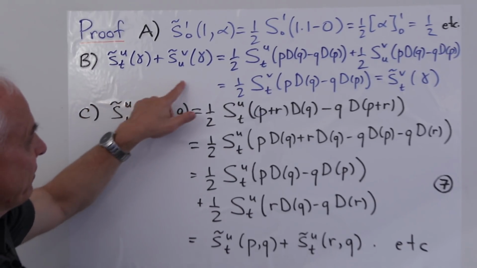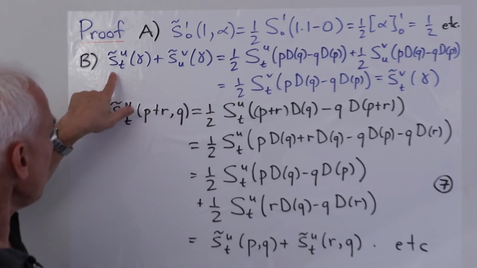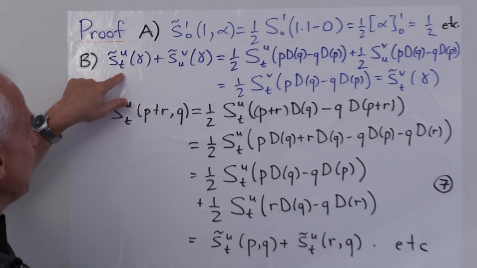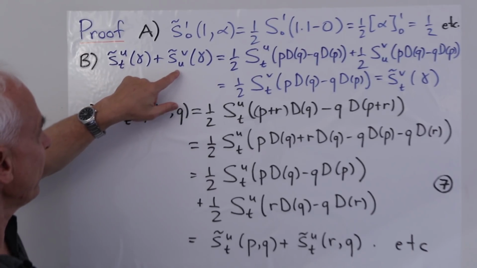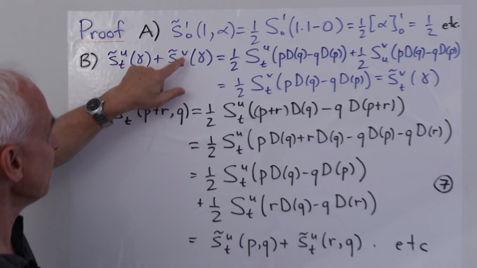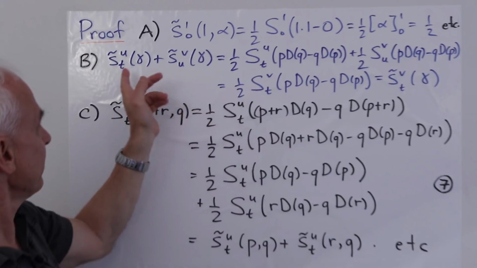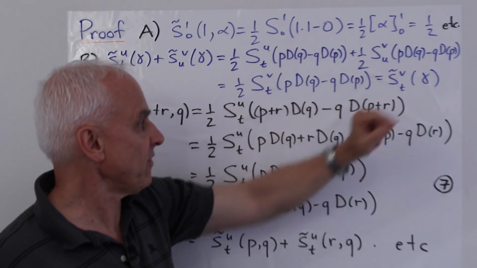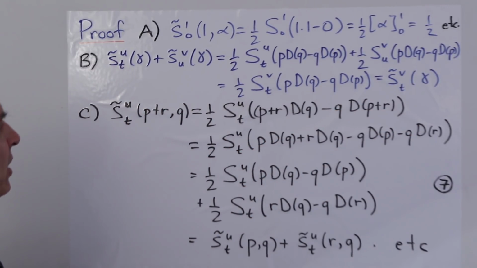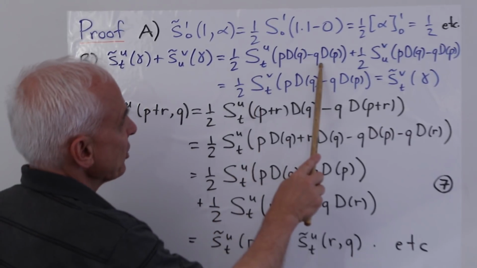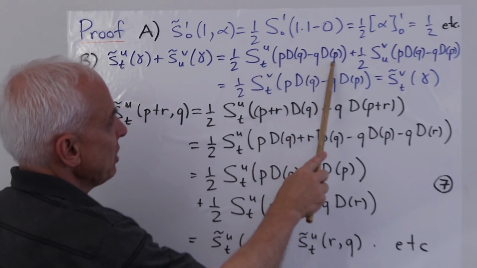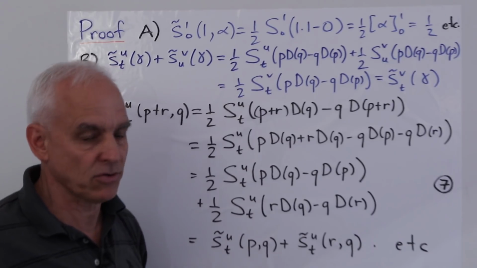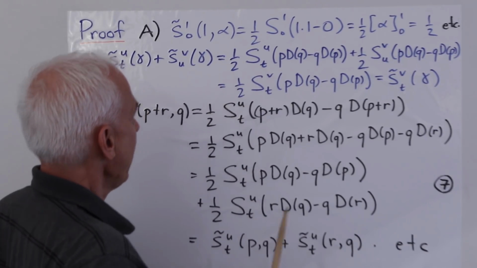In terms of additivity, well, we need to check that S tilde from t to u of some curve plus S tilde from u to v of some curve is S tilde from t to v of that curve. Why is that? Well, here's the expression for it: p dq minus q dp, and we're taking a Faulhaber integral from t to u. And then what about this thing?